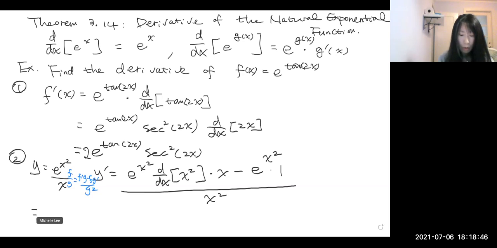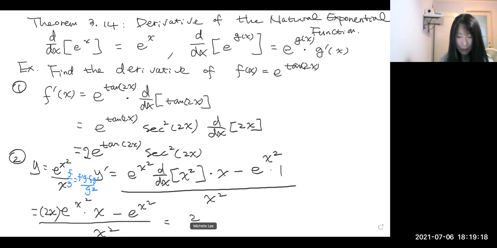Now, what is the derivative of x squared? 2x. Yes, so 2x here. And then we have another x, right? So let us do 2x squared e to the x squared minus e to the x squared over x squared. This is the final answer.